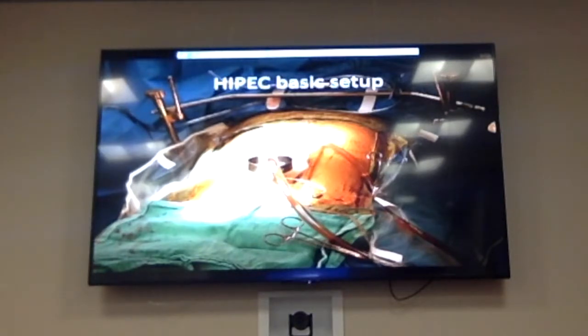You have the inflow cannula going up above that is generally bidirectional, so it goes into the right upper quadrant and the left upper quadrant. The outflow cannulas are down below. You have a fenestrated cylinder that allows fluid to come into it, and then you have the outflow suction cannulas and the smaller overflow cannula next to it, to cycle the chemotherapy.